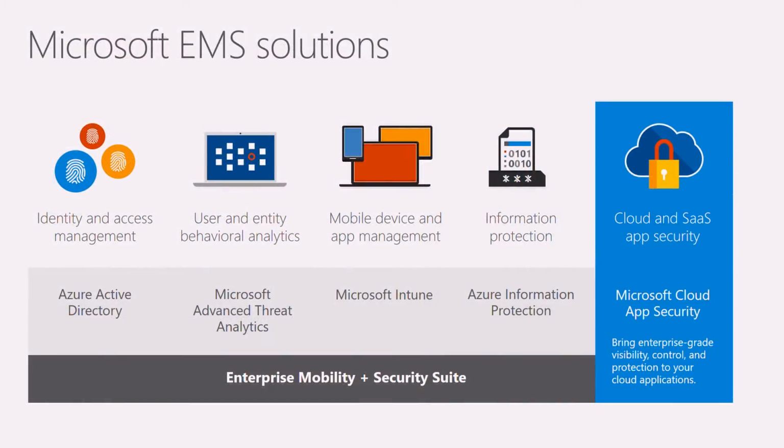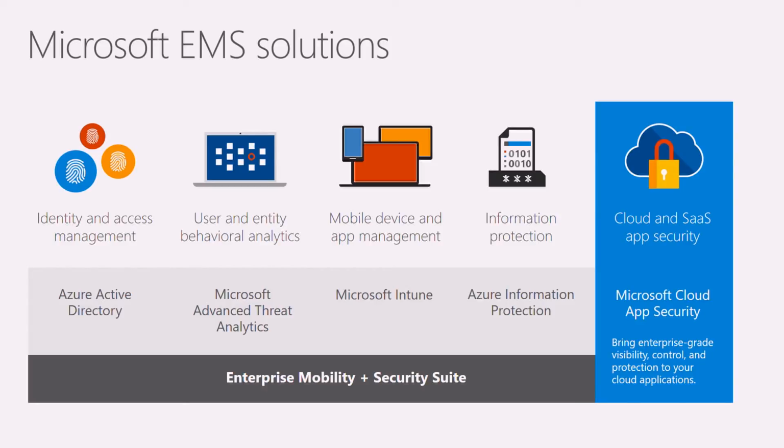So CloudOps security is one of the latest additions to the Microsoft Enterprise Mobility Suite. The Enterprise Mobility Suite consists of a few products, but it's a holistic security solution, so you should look at it together, right? We have Azure Active Directory to manage identities and apps and secure them.